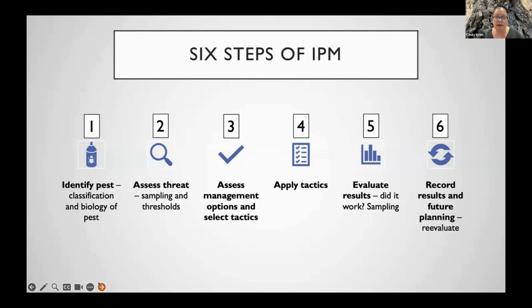The second step is to assess the threat. You do sampling and thresholds. So sampling to see: is the population high enough that it warrants a response? Now, sometimes there are insects out in the vineyard that never cause an issue. They're present.